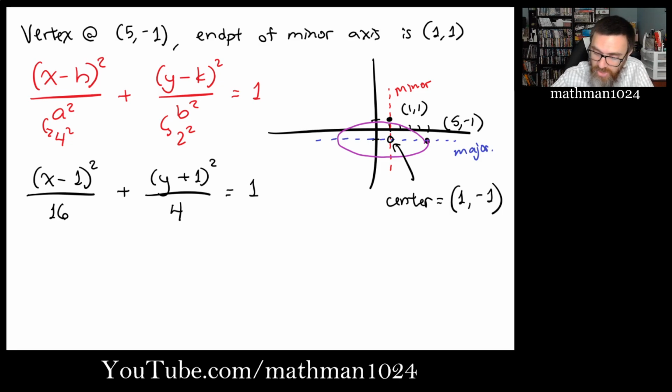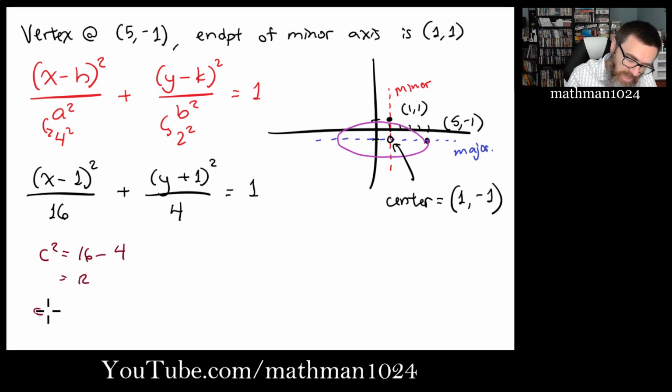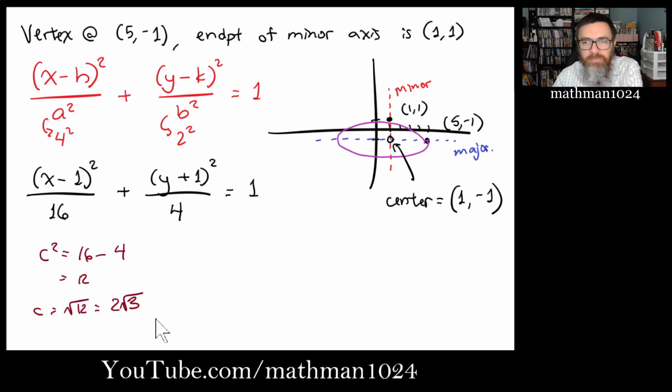We could find the foci, but we have to find the c value, right? So c squared is 16 minus 4, which is 12, which means c is the square root of 12, and that becomes 2 square roots of 3. So my foci, again, we've been doing this for so many problems here. Hopefully you've caught on. The foci will be left and right from the center.